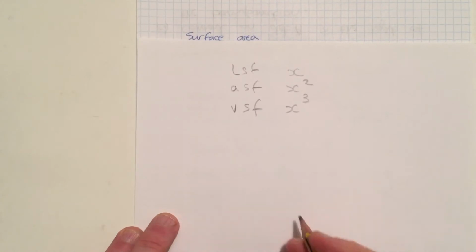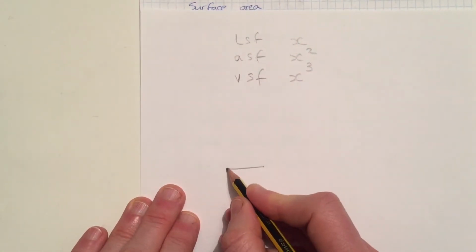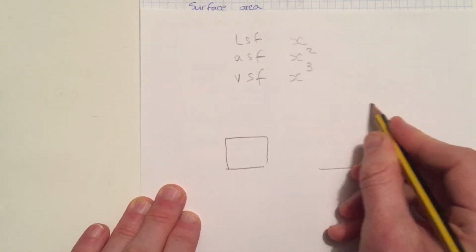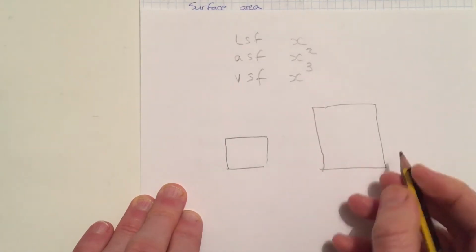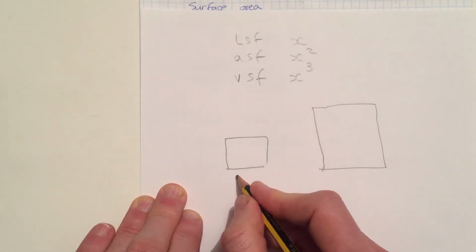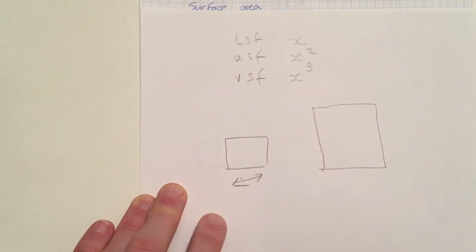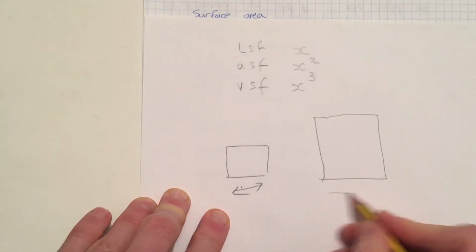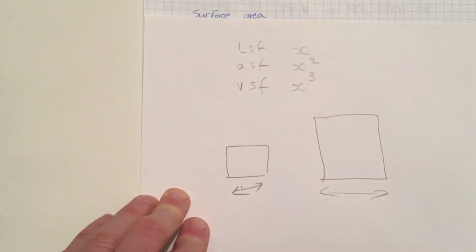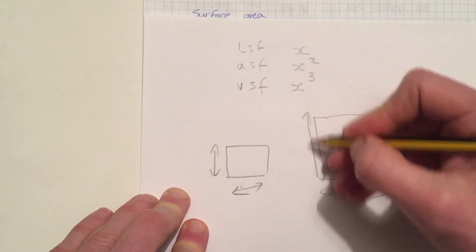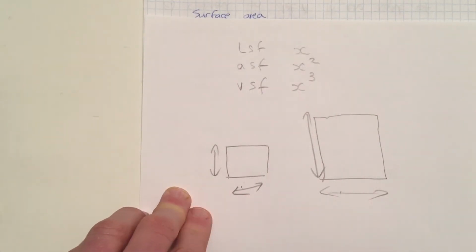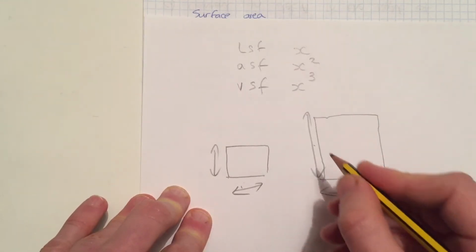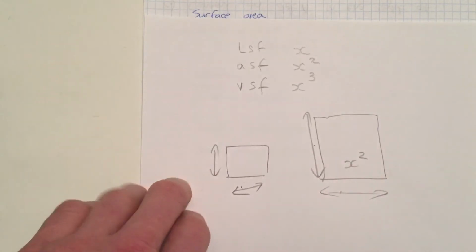I hope that makes sense, because if I have this rectangle here, and then this rectangle here, if they are similar, and I make the whole shape x times bigger, each length x times bigger, so this has got x times bigger, this has got x times bigger, then in terms of the area, it's going to be x times x, which is x squared times bigger.